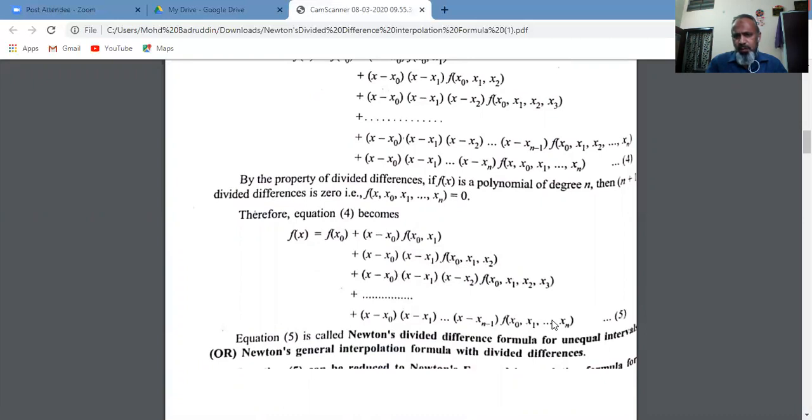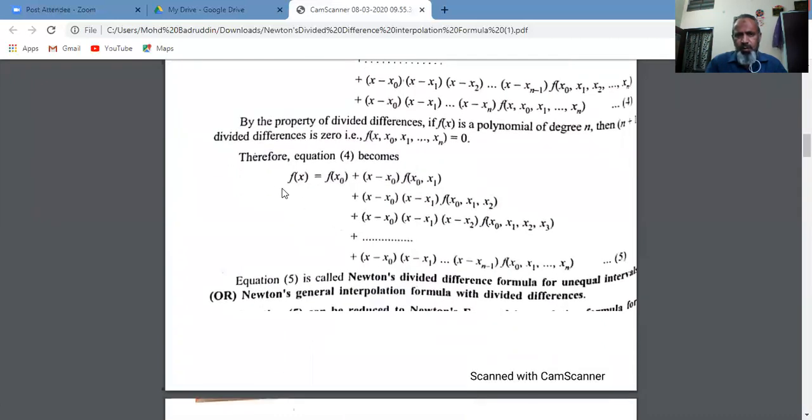So this is the nth divided difference. So this equation, equation 5, is known as Newton's divided difference formula for unequal intervals.